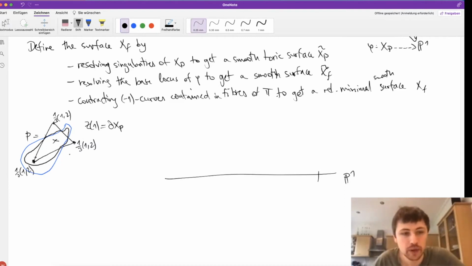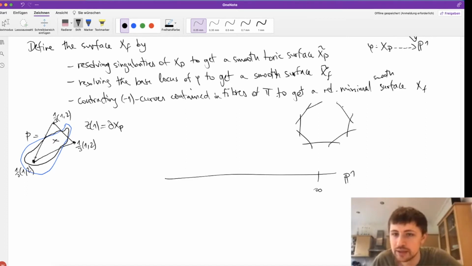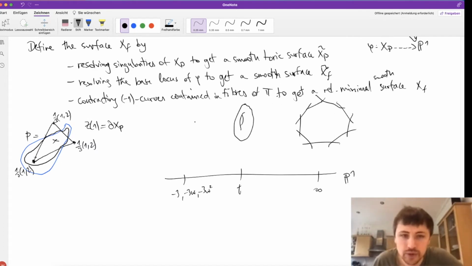So if you blow that point up, you replace it with two minus 2 curves. So in total, the fiber over infinity will be a 9-gon of rational curves. And the general fiber will be a smooth elliptic curve. And then you also have some singular fibers, which I think are at -3 omega and -3 omega squared, where omega is a third root of unity.